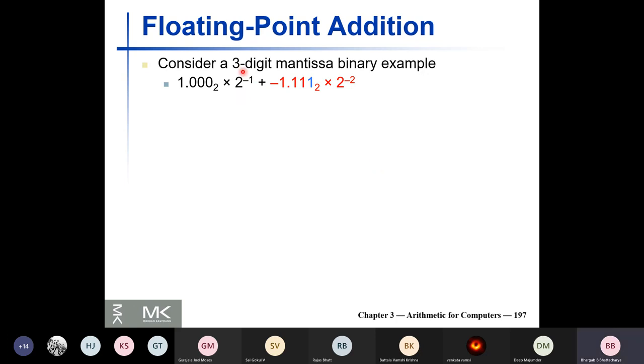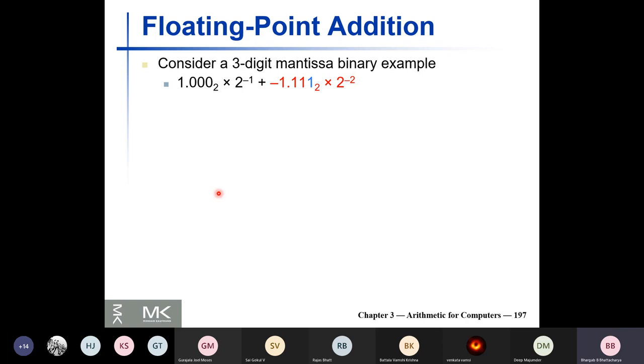You can make this exponent 2 to the power minus 2, or you can make this exponent 2 to the power minus 1 by shifting this binary point. Isn't so? For example, if you shift this binary string to the left 1 bit, then this could have been 2 to the power minus 2. And on the other hand, if I shift this binary string to the right 1 bit, then it could have been 2 to the power minus 1.